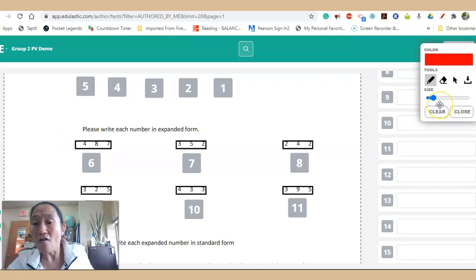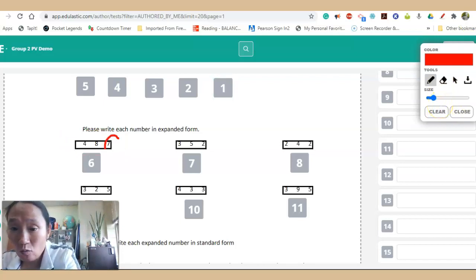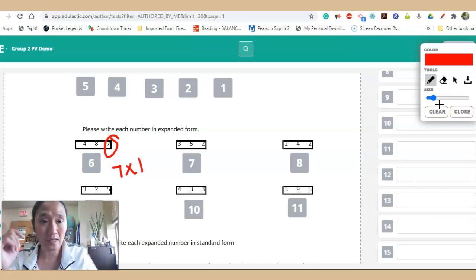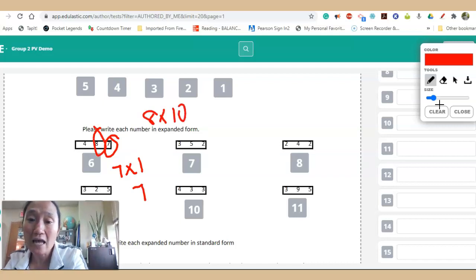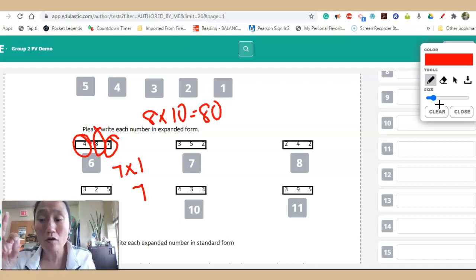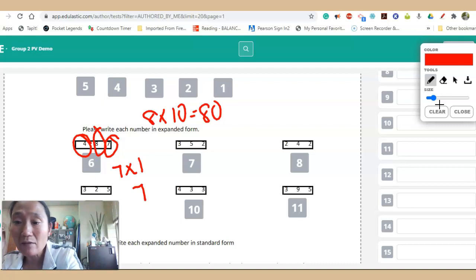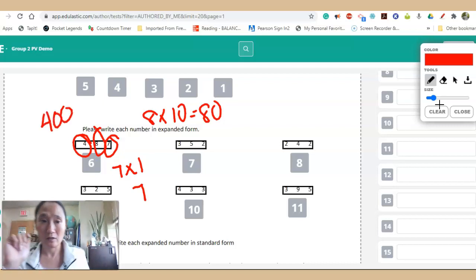In this place, it's in the ones, so you have 7 times 1, a value of 7. This digit is in the tens, so you have 8 groups of 10 for 80. And then this 4, you have 4 $100 bills, 4 Benjamins. That means you have $400.